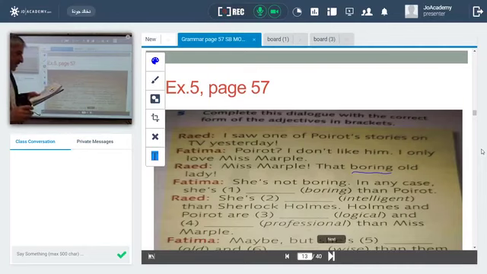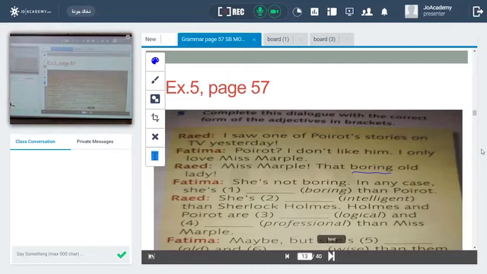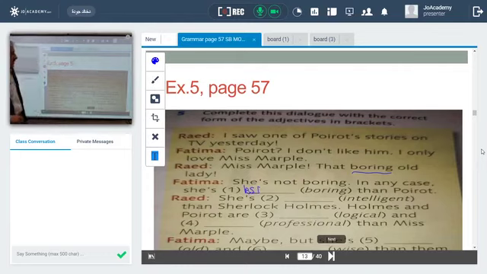In any case, she is blank boring than Poirot. So here, we have boring, I will add more or less, or I will add ER to the end of the adjective. Can you tell me? According to Fatima, she is less boring than Poirot.